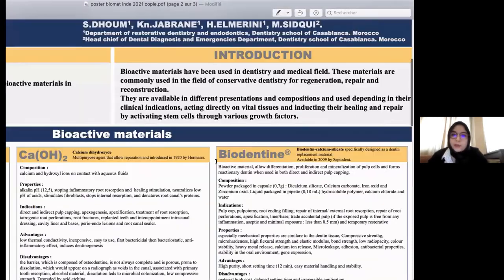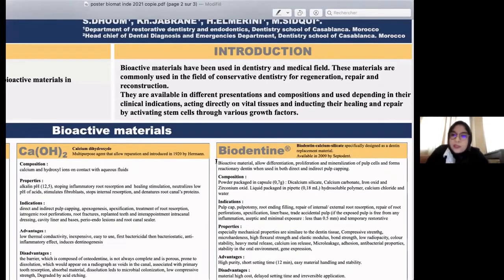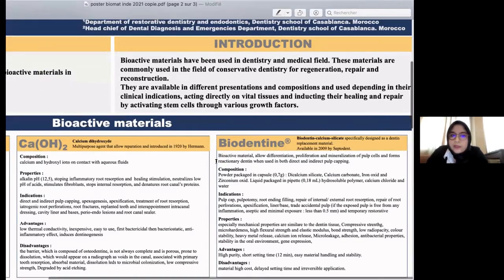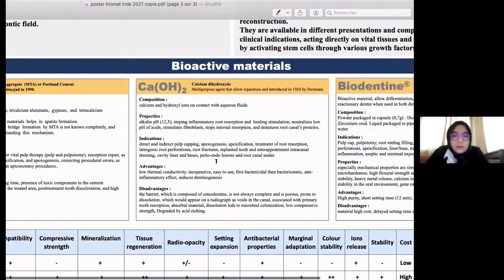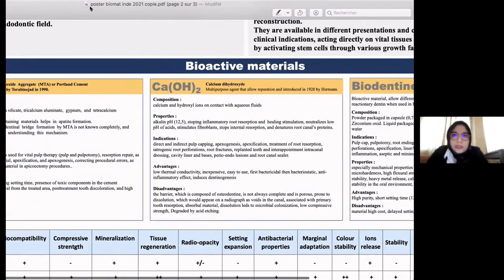They are available in different presentations and compositions and used depending on their clinical indications, acting directly on vital tissues and inducing their healing and repair by activating stem cells through various growth factors. So we will see the three main bioactive materials that we use in the clinic.